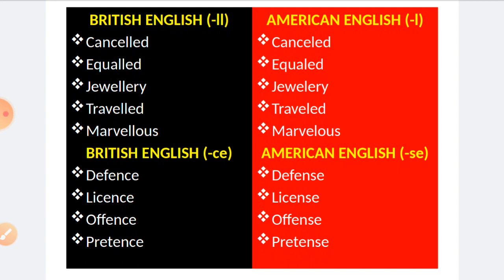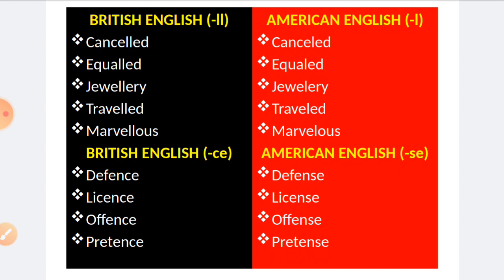Similarly, another word, for instance, travelled, TRAVELLED, that is the spelling in British English, whereas in American English the same word is written with a single L, TRAVELED. That's the next orthographic difference between British English and American English.